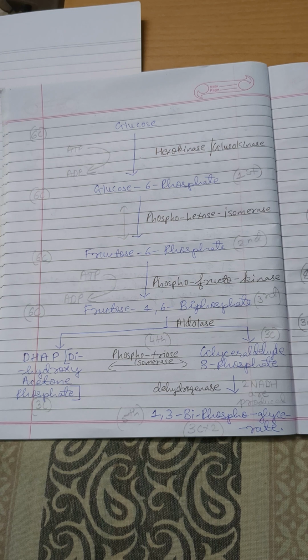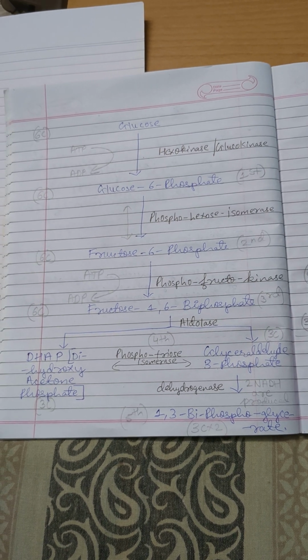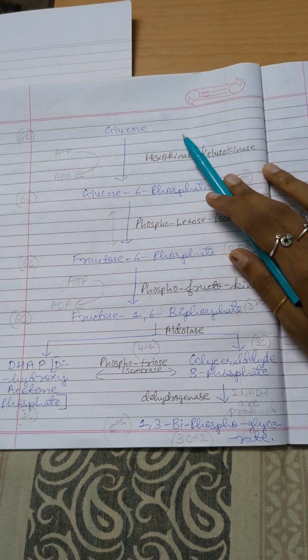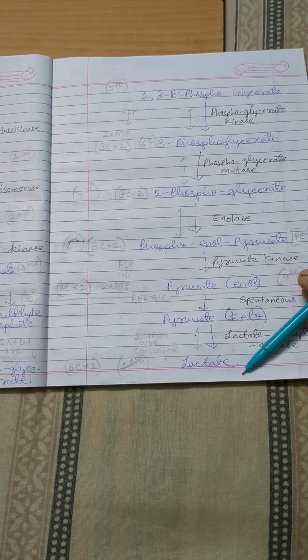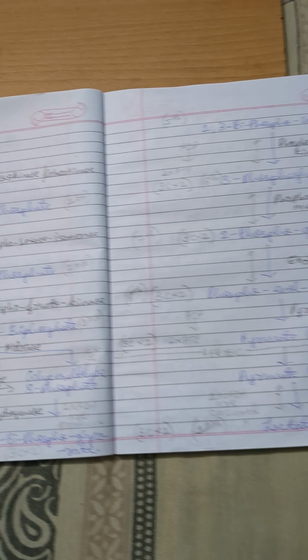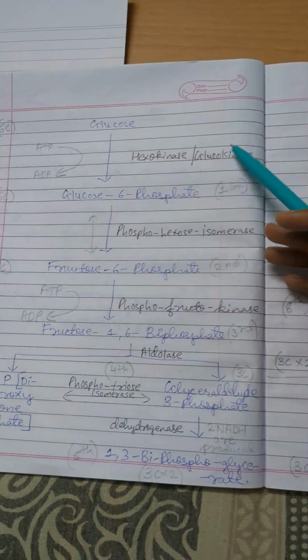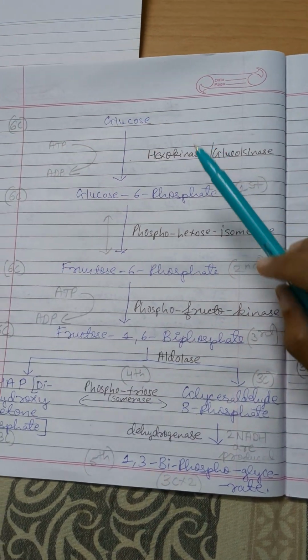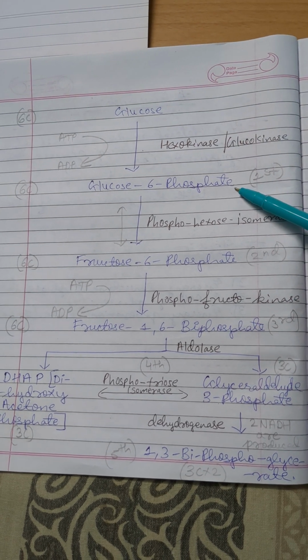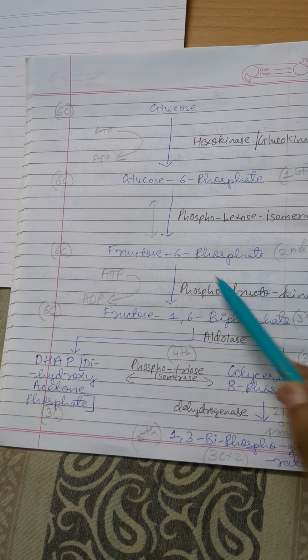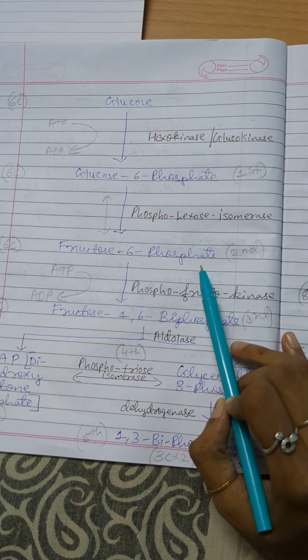First, we will look at the 10 steps of glycolysis, that is the conversion of glucose to pyruvate in aerobic conditions and to lactate in anaerobic conditions. So, first step is conversion of glucose to glucose 6-phosphate. Glucose 6-phosphate is converted to fructose 6-phosphate.